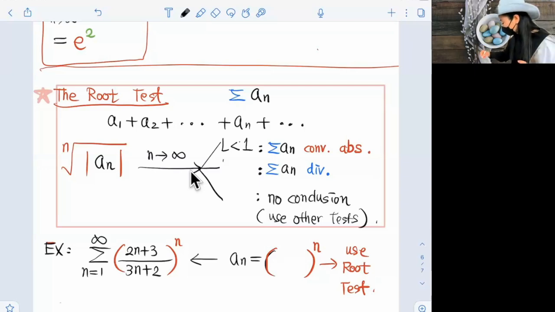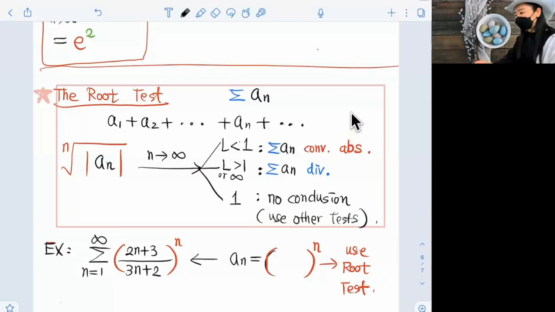If the limit is greater than 1, including going to infinity, then the series diverges. And when it's equal to 1, then we have no conclusion and we have to use other tests. I'm not going to go into the proof of this, but you can put this and the ratio test together to remember. They're very similar.